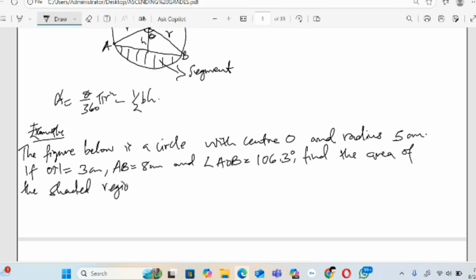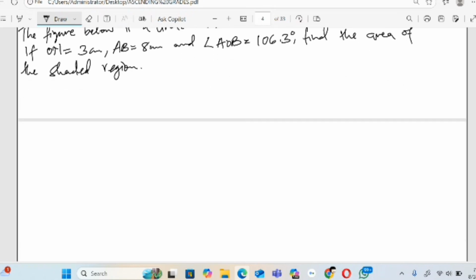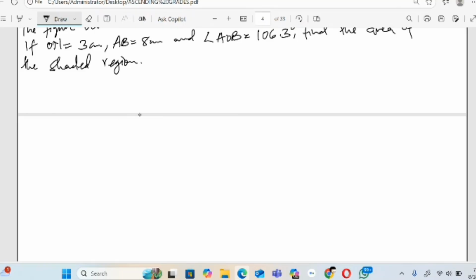So the figure that I'm going to draw is a circle with center O and radius 5 centimeters. Now if ON is equal to 3 centimeters, AB is 8 centimeters, and angle AOB is 106.3 degrees, find the area of the shaded region. This is my circle.